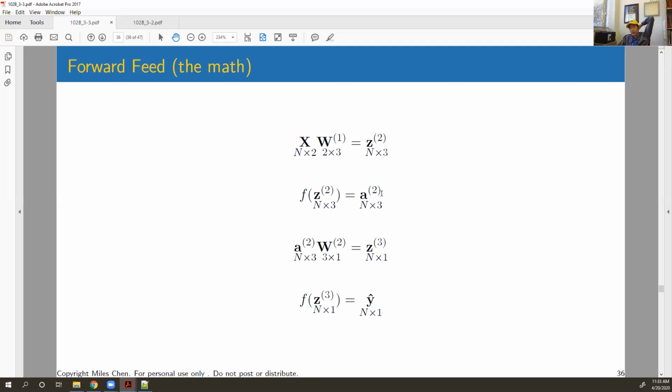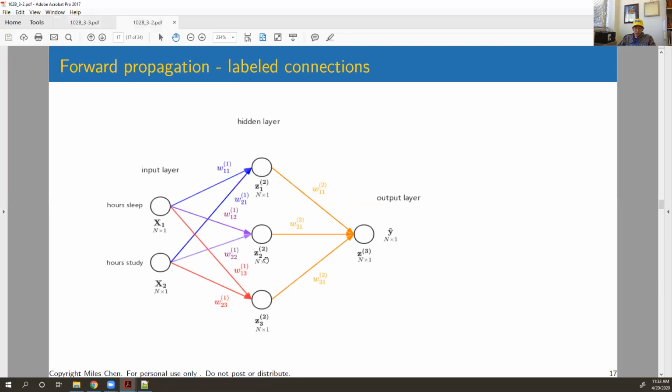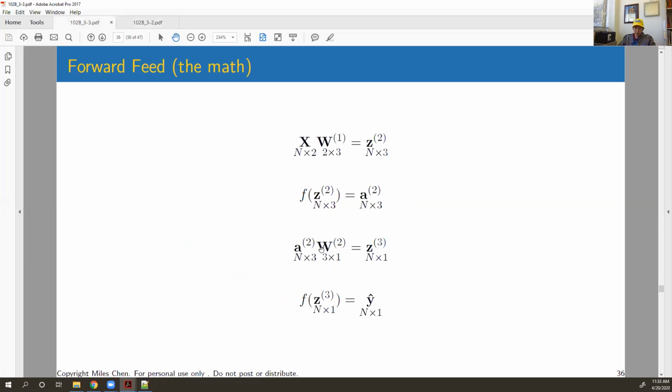That gives us our activated values a. Then I take those activated values and multiply them by our second weight matrix W2, which gives us our matrix Z3. So I do A2 times W2, and that gives us Z3. Then we apply the activation function on Z3, and that gives us our Y hat.